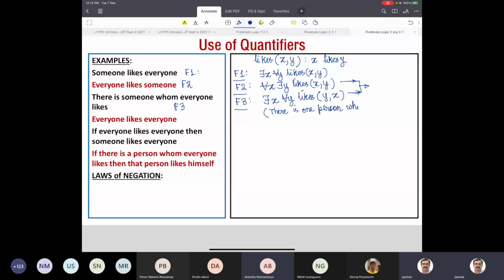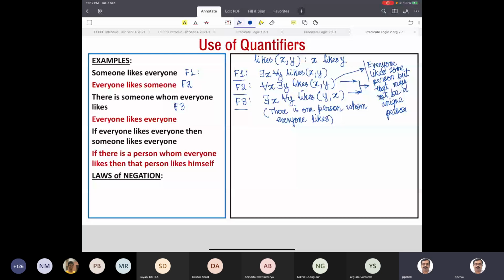And what does this one say? Everyone should like someone. Everyone likes some person, but that may not be a unique person.